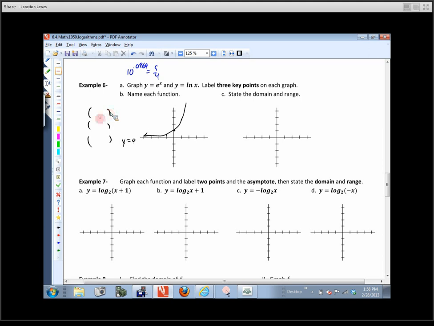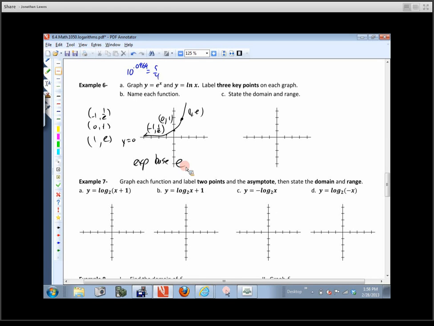Again, with an exponential, you can just write down those points really quickly. Again, exponential base e is the name of that.